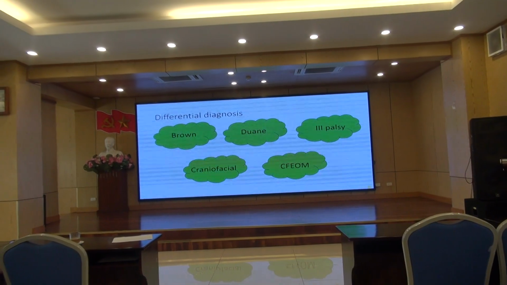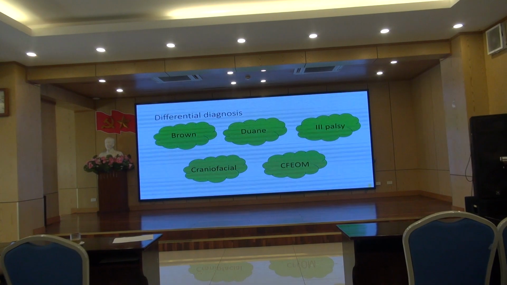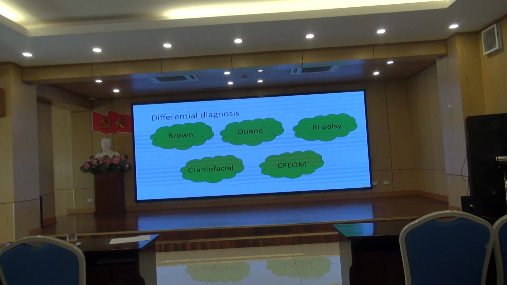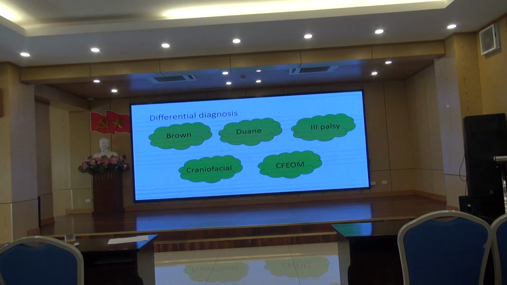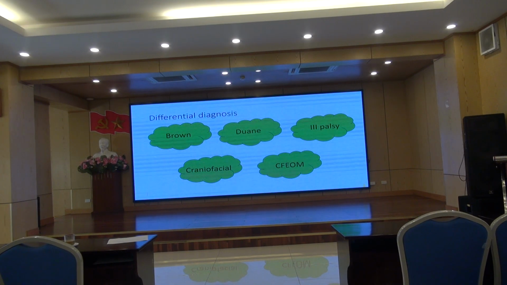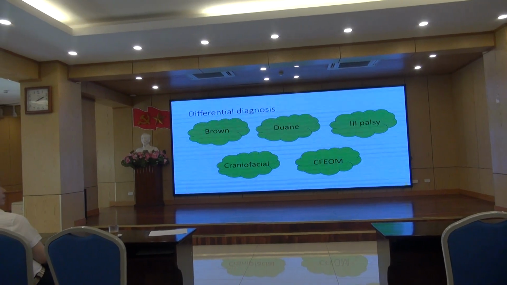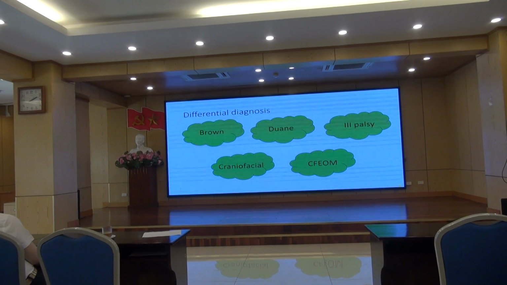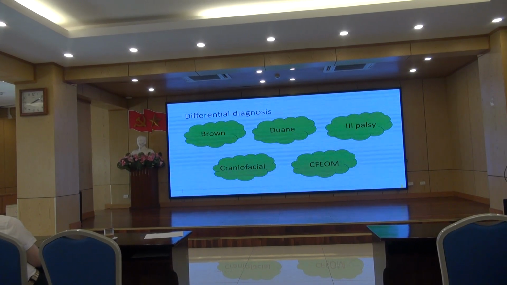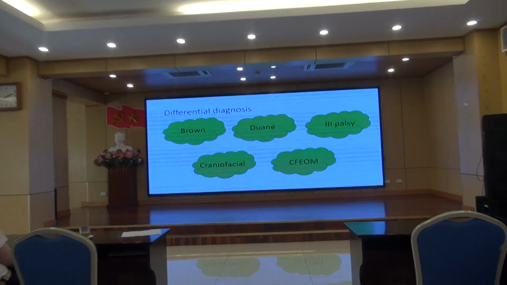For the differential diagnosis, Brown syndrome is characterized by limitation of elevation in adduction, with a V-pattern exotropia. And Duane syndrome is diagnosed by the presence of globe retraction in down gaze along with limitation of elevation in up gaze.